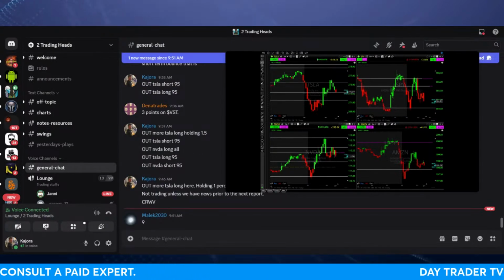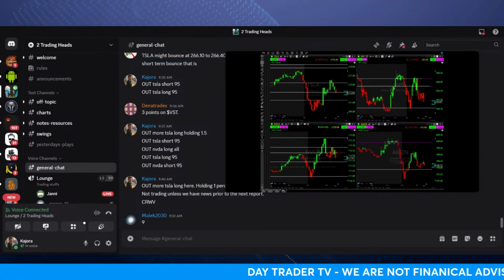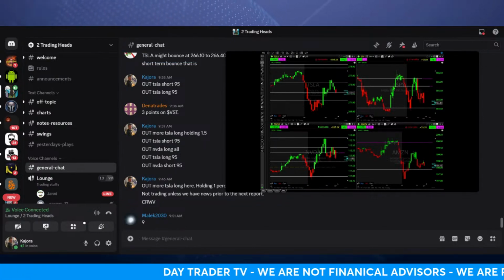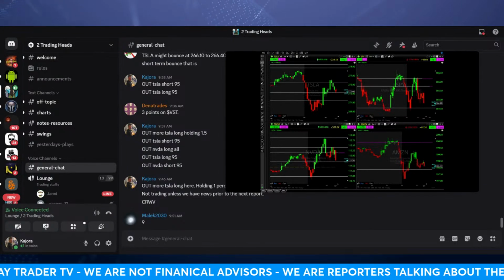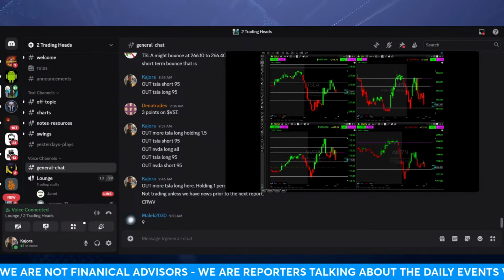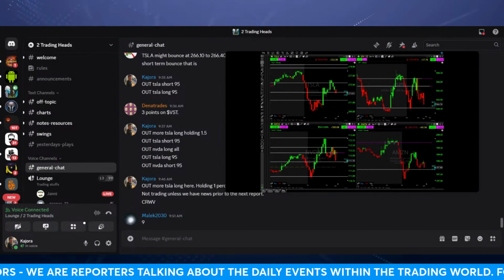All right, so we got a sell signal on Nvidia, a sell signal on Tesla, taking things down right now. We need to break support and pull, break support and pull, right?